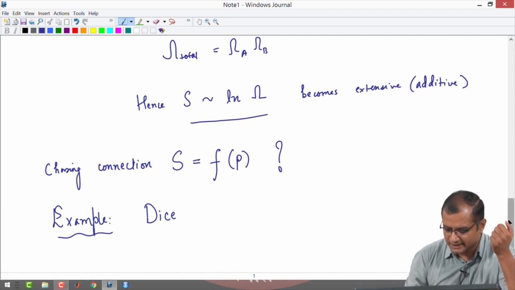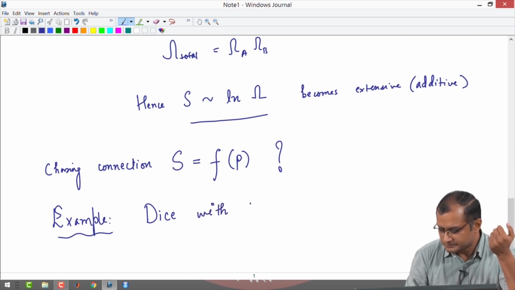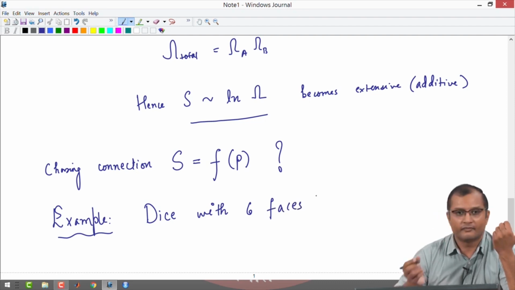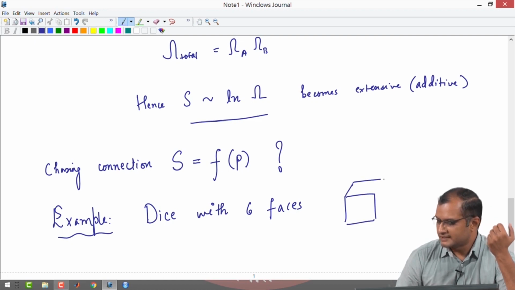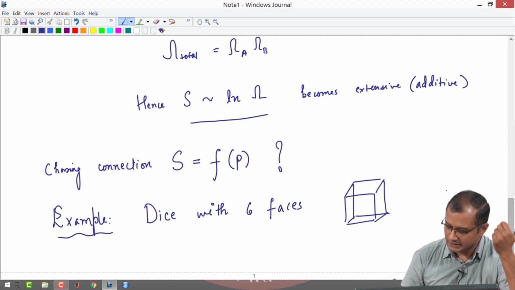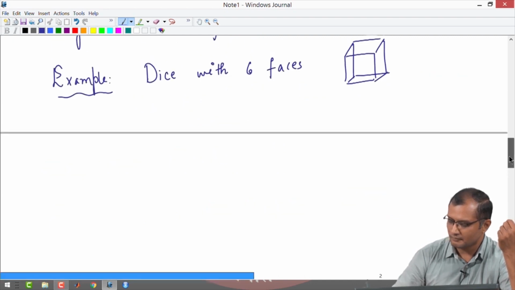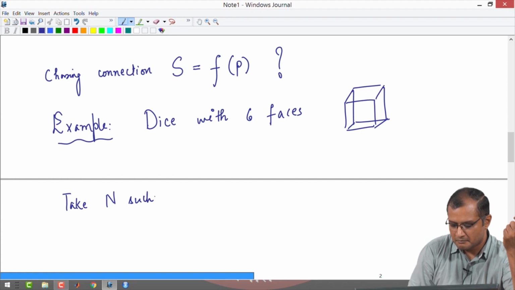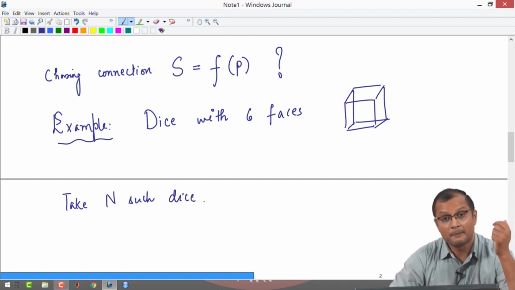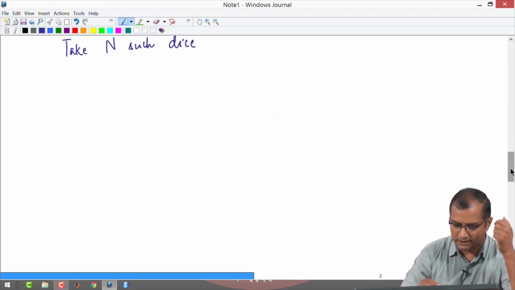So let us say you have an unbiased dice, like a cube having 6 faces, and let us say that you take n such dice. So you have taken n such dice.